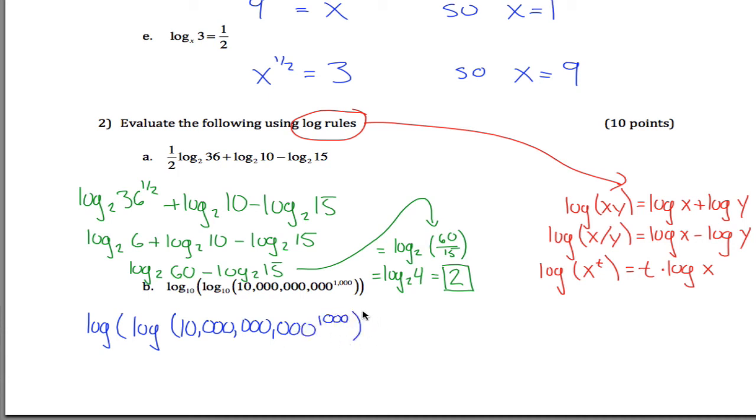Alright, I have an exponent, so I could use this 3rd rule. Note that it's just the thing that I am taking this log of that's raised to an exponent. So this exponent just goes in front of this log. So it's 1,000 times log of 10 billion.